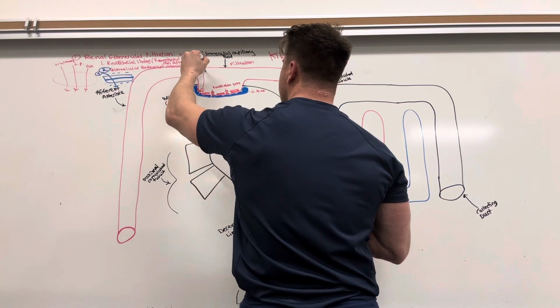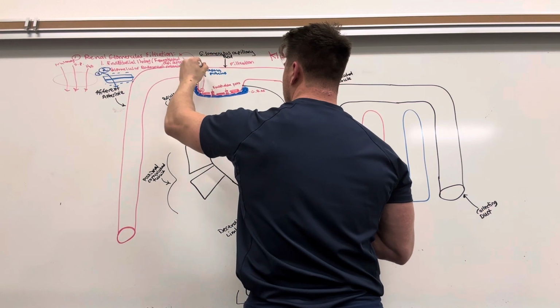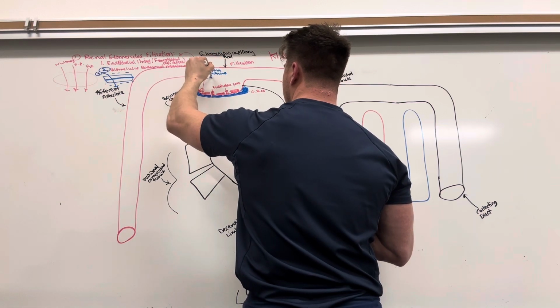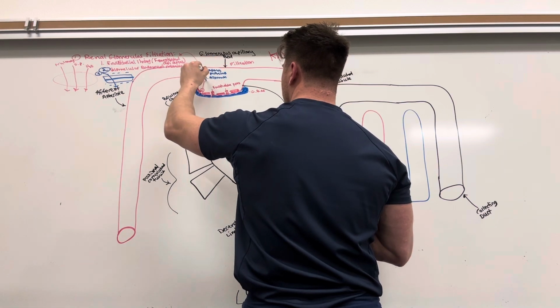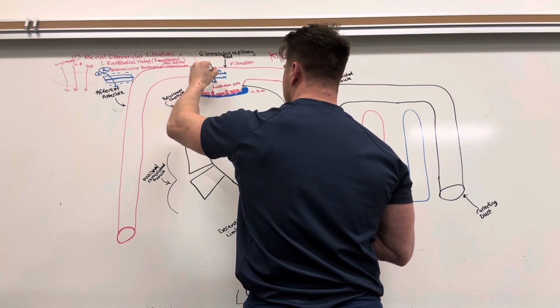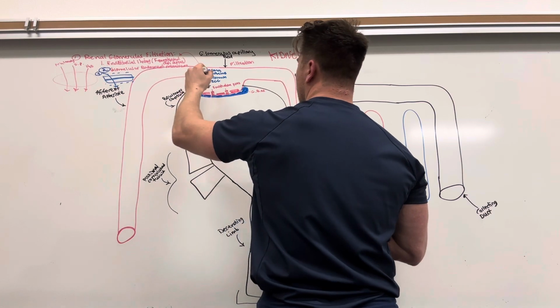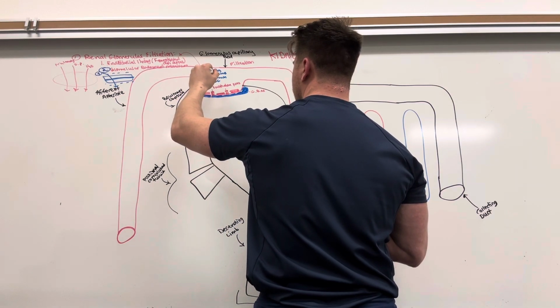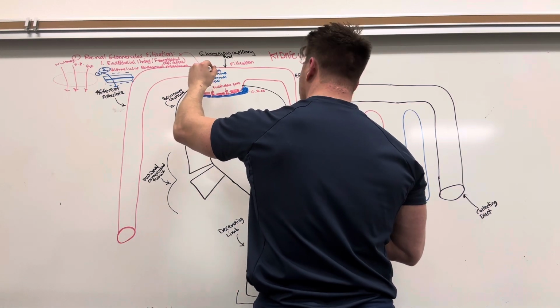So we have these things called plasma proteins, and that'd be like albumin, IgG, and fibrinogen.